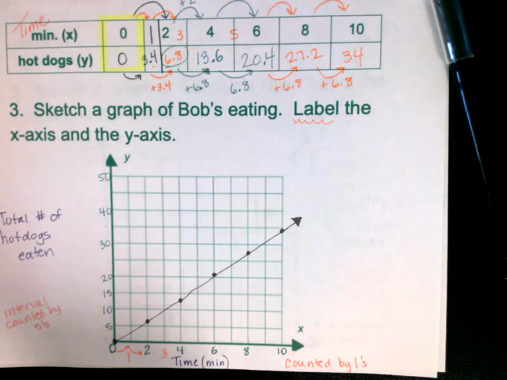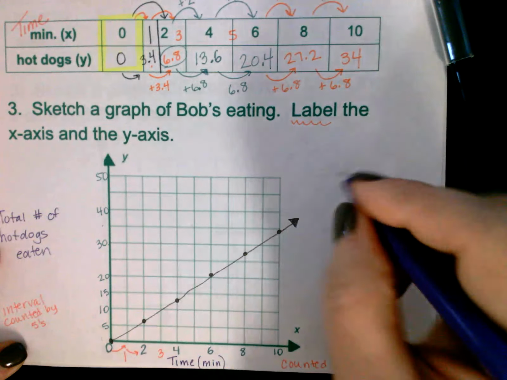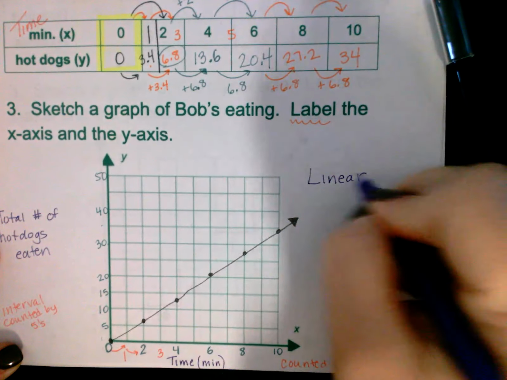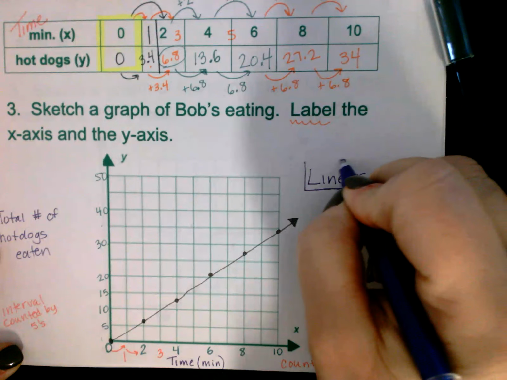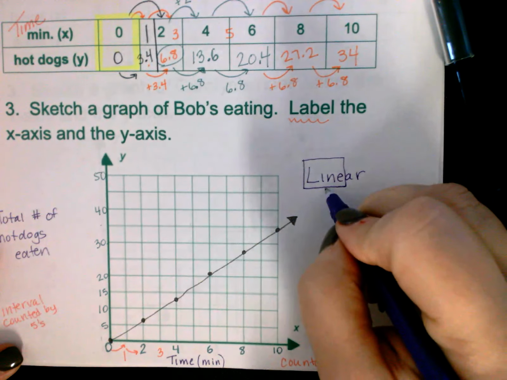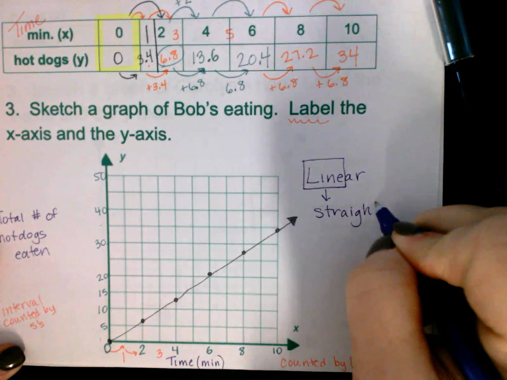Okay. A few things I want to talk about on this one too. We could call this one linear. One thing that I know with the word linear, it has the word line in it. Our graph has a straight line.